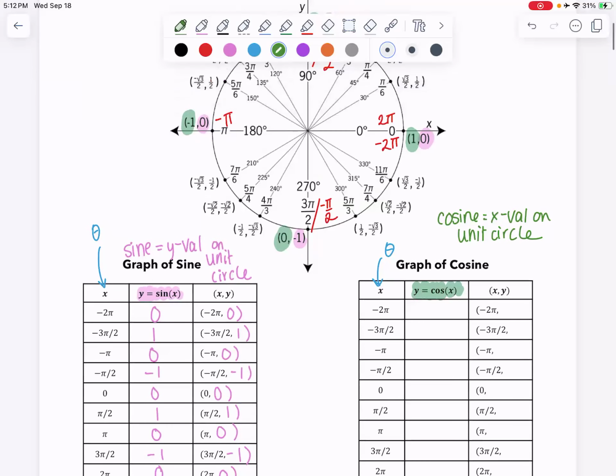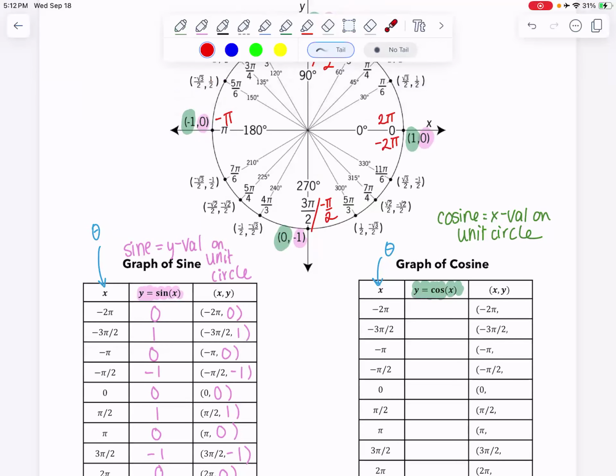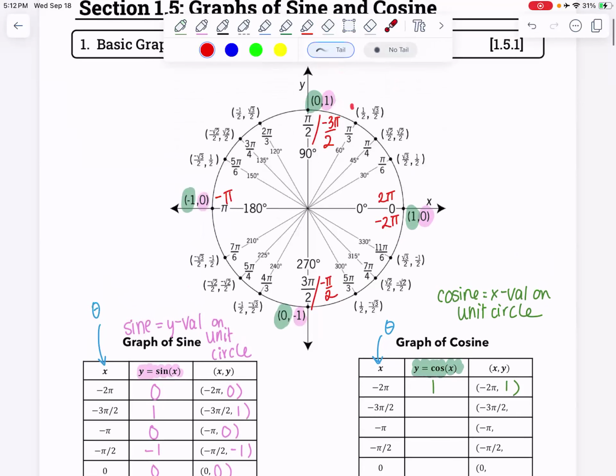All right, at negative 2 pi, the x value is 1. So we have negative 2 pi comma 1. At negative 3 pi/2, the x value is 0. At negative pi, the x value is negative 1.